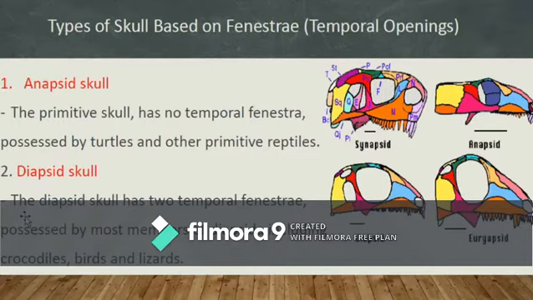The diapsid skull has two temporal fenestrae, possessed by most members of Diapsida, including crocodiles, birds, and lizards. So we have 1 and 2. Di means 2. So that is a diapsid skull. So this is for the eye, optic foramen. So the temporal side has 2 fenestrae.